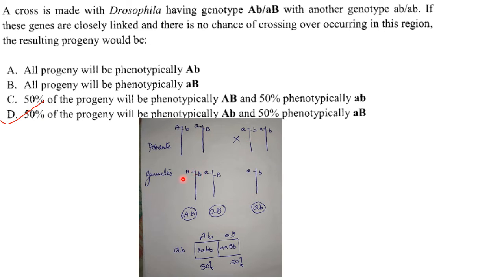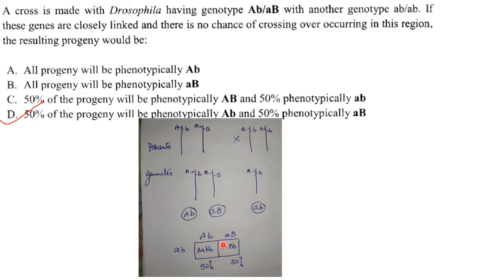So it will produce only two types of gametes, capital A small b and small a capital B. And this parent is also having linked genes, and it will produce only one type of gamete, that is small a small b.